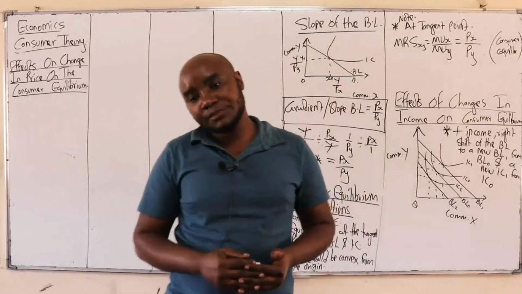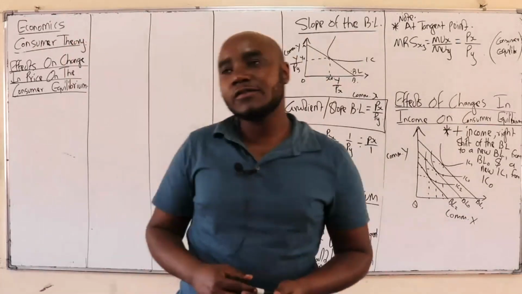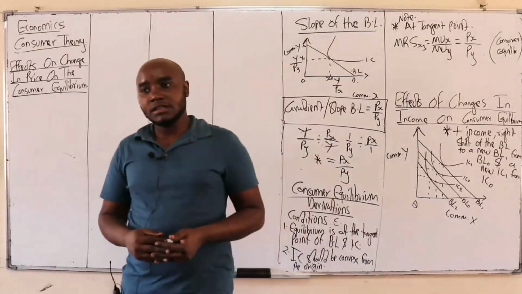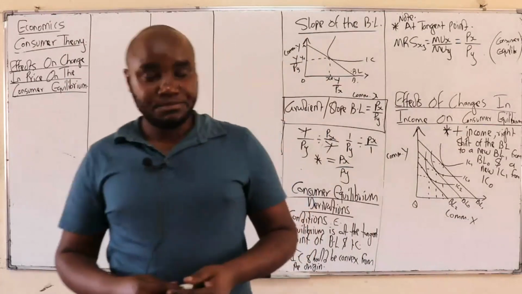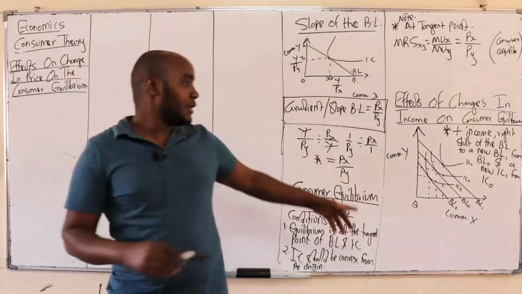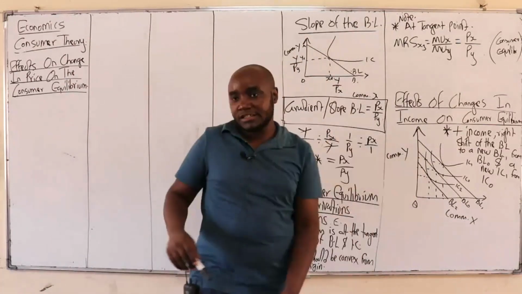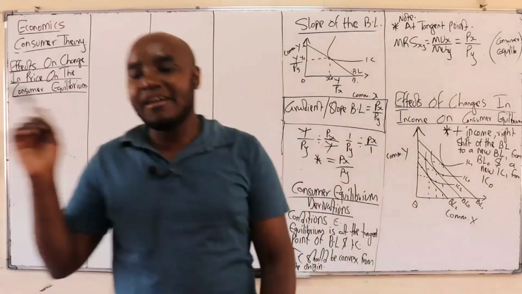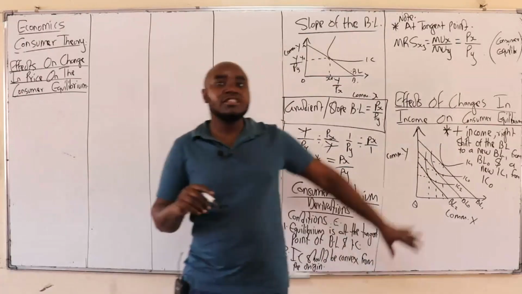And we said that change of other factors results in shifts. That's why you're seeing shifts here, because income was part of the other factors that affect the shifts.